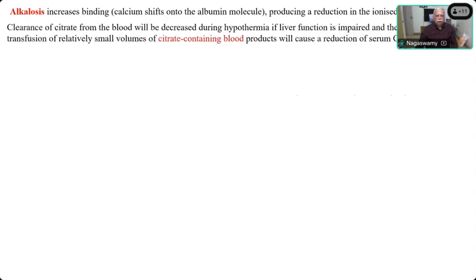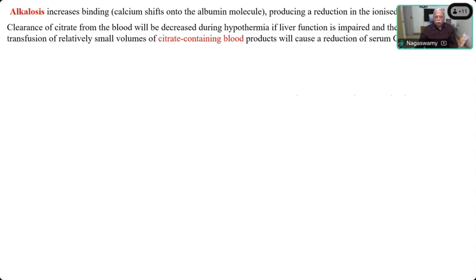Alkalosis increases the binding and reduces the level of ionized calcium, and clearance of citrate from blood will be decreased during hypothermia or if liver function is impaired. Therefore, rapid transfusion of large volumes of citrate-containing blood will also cause a serious reduction in serum calcium level.